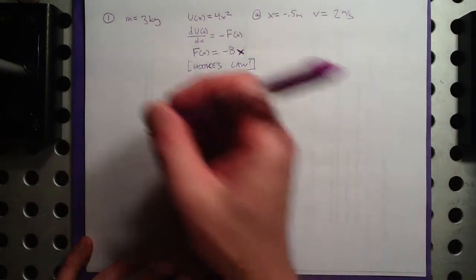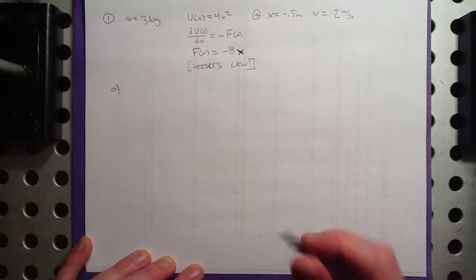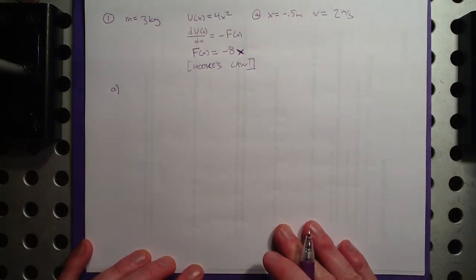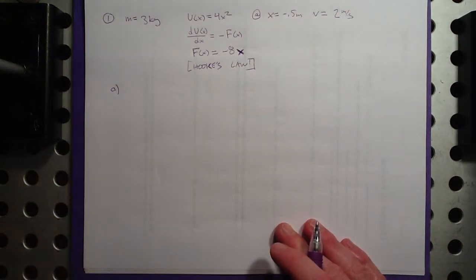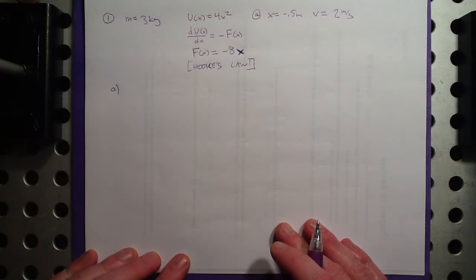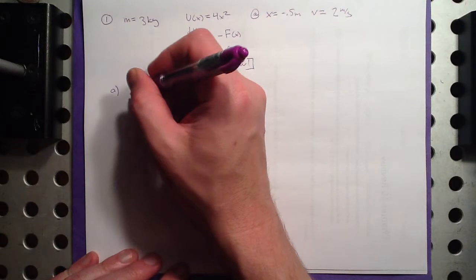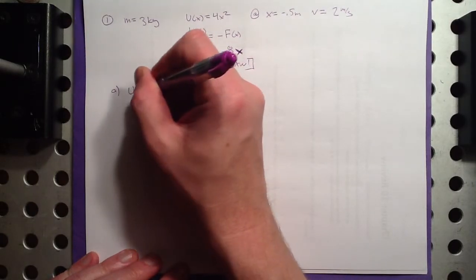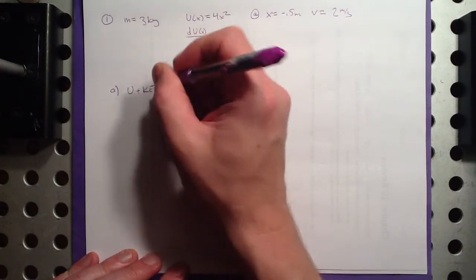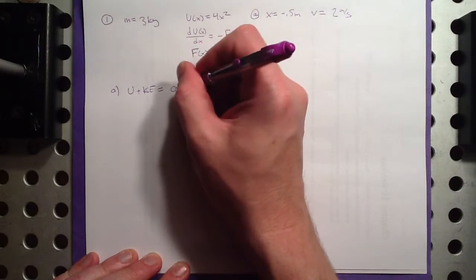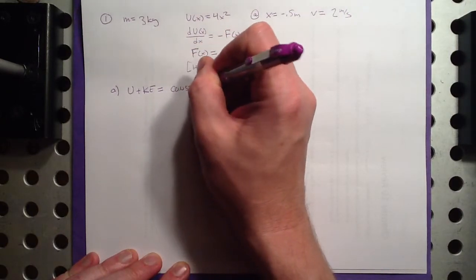Now part A, we want the total energy of the object. Well, they actually say that all forces acting on this object are conservative, so mechanical energy is conserved, which means that potential energy plus kinetic energy is equal to a constant. It does not change.